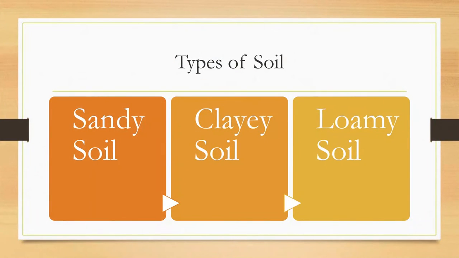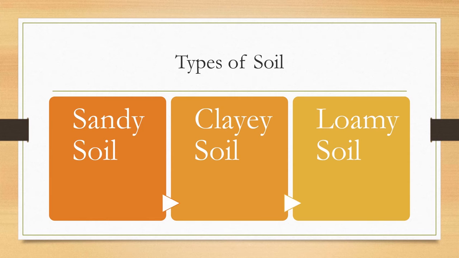Right? Now the types of soil are sandy soil, clayey soil and loamy soil. Now sandy soil, normally they are loose in nature, particles are very loose and water can percolate easily, seep into it. Beach sand, seashore, that is sandy soil.